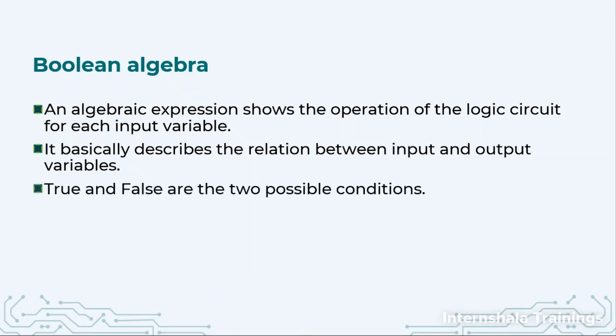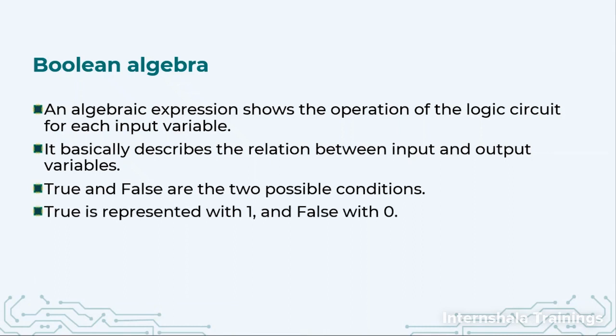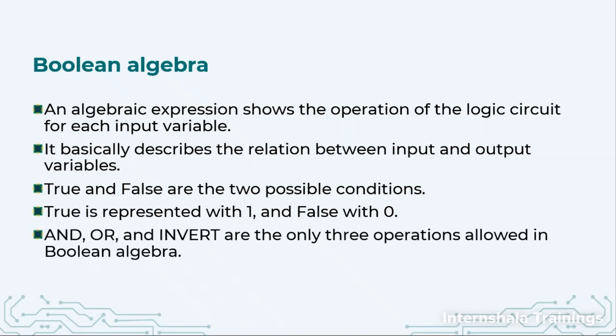There are two types of condition that we have: true and false. True is represented by 1 and false is represented by 0. AND, OR, invert. These three are the only possible operations in Boolean algebra. Every other operation is made by the combination of these three. Like if I want to make NAND, that is AND plus NOT.